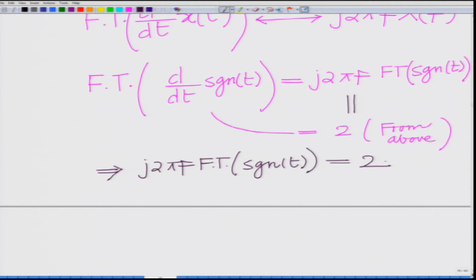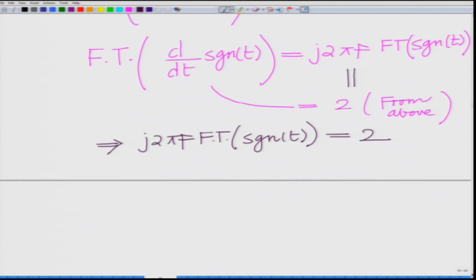We have already shown that the derivative of sin t is 2 delta t. Therefore, the Fourier transform of the derivative of sin t is 2, and from the derivative property, the derivative of sin t has a Fourier transform j 2 pi f times the Fourier transform of sin t.